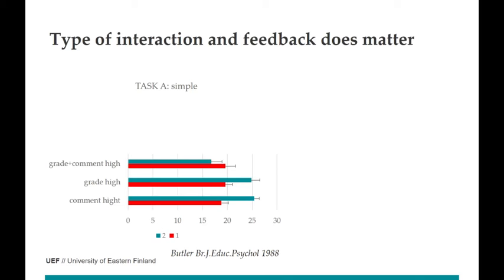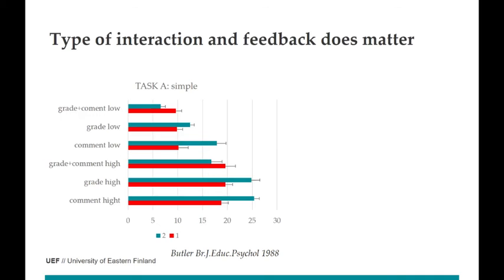It affects already even in these talented students. So if we are giving them both grades and comments, it might be that the second exam is not so well going. And more dramatically, if we are giving the same feedback for those that have been struggling on the course and giving them grades and comments there in the up, it seems to be that the second exam is getting worse than the first one.